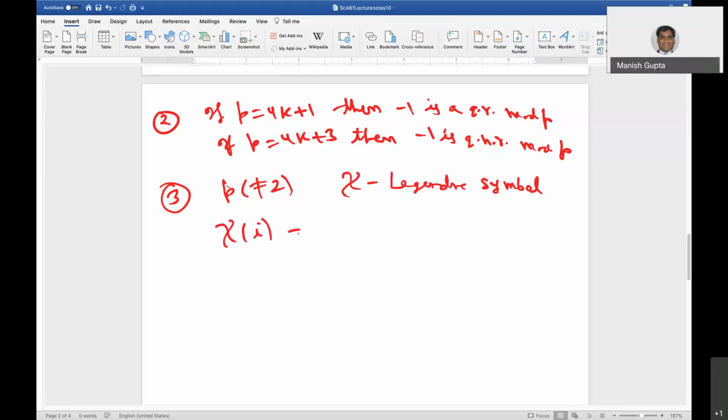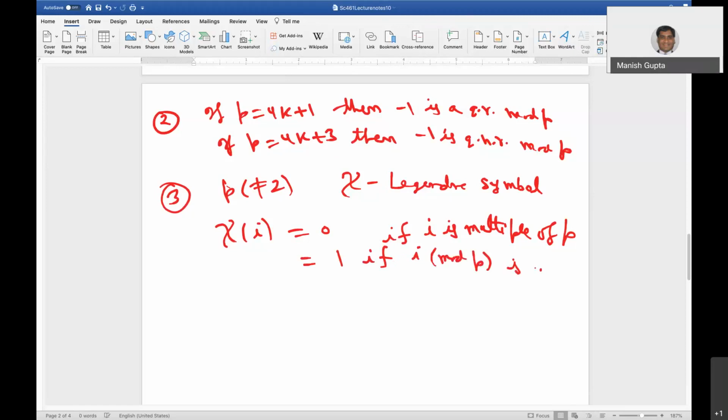Chi of i is 0 if i is a multiple of P. Okay, this value is 1 if i mod P is a quadratic residue and is minus 1 if i mod P is a quadratic non-residue.